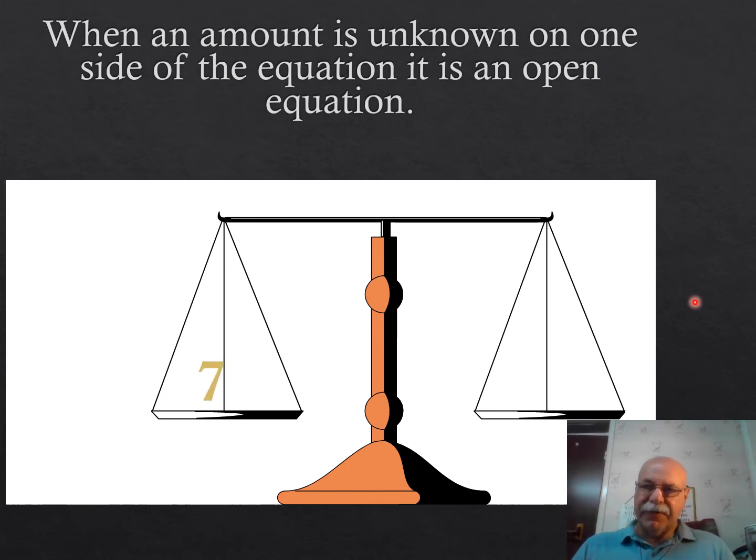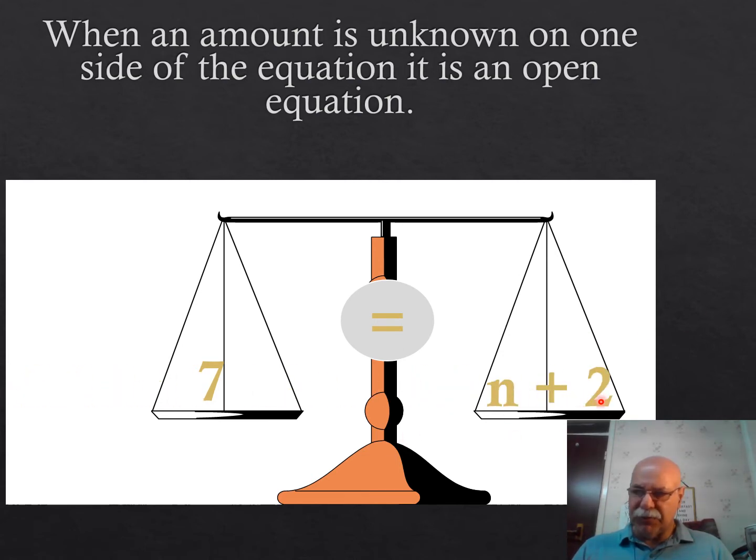Here we have 7 on the left side, and we will see whether it is equal or not equal, or open. Now we see n plus 2. This equation is called an open equation. Why?